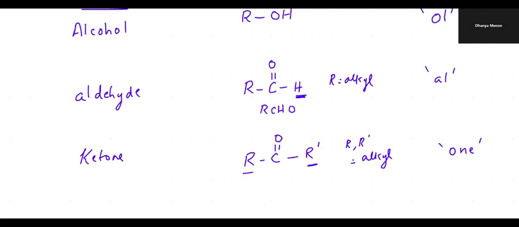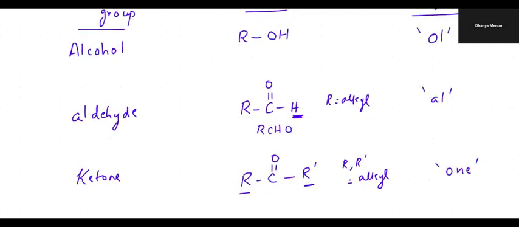Now, something that is similar to alcohol is ether. If ether is there, it is represented by ROR, where R and R dash are alkyl groups, which can be the same or different.